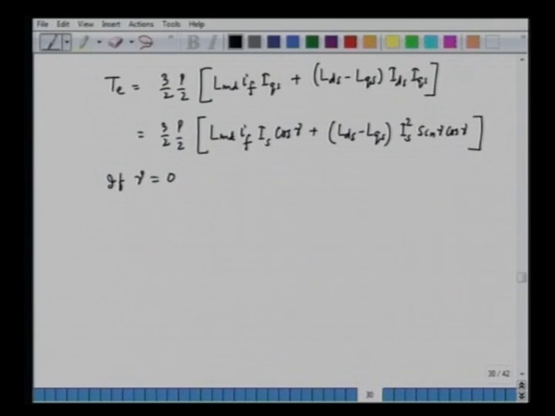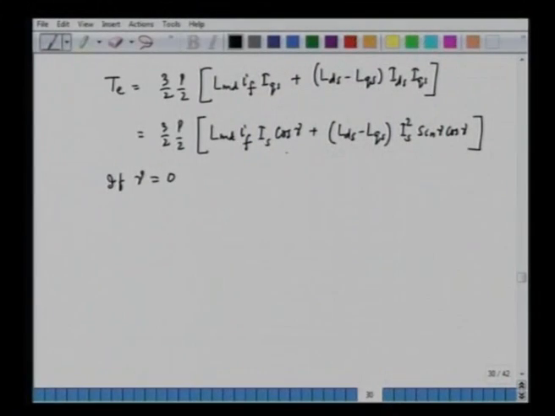Gamma, the angle between IS and the q axis, is equal to 0, we will see that cos gamma is equal to 1 and sin gamma equal to 0. So, we can see that Te is equal to 3 by 2 into P by 2 into LMD into IF into IS, and the second term vanishes.